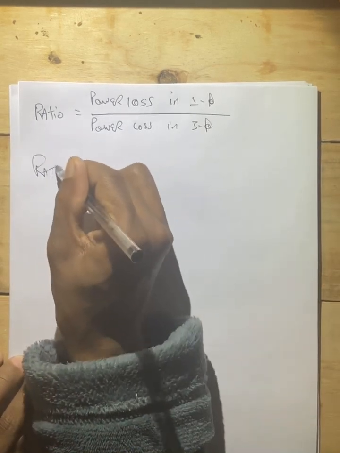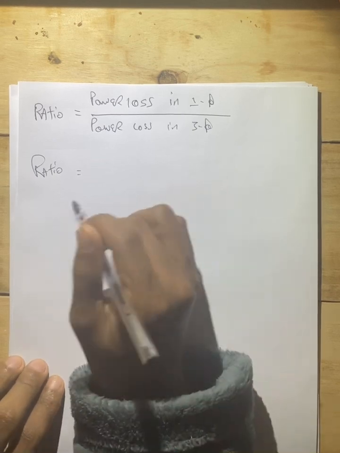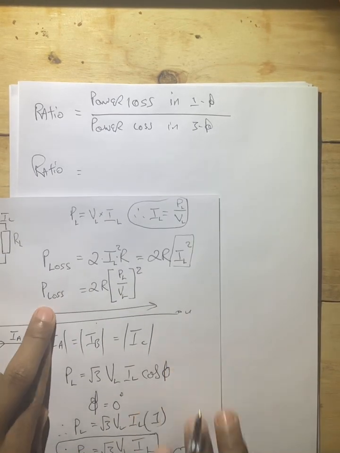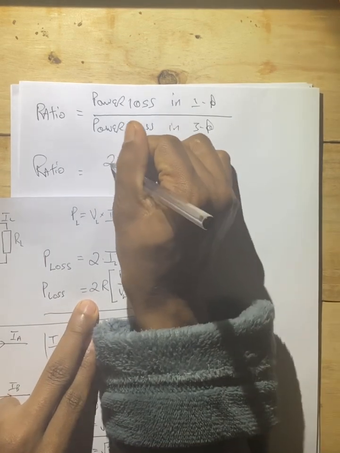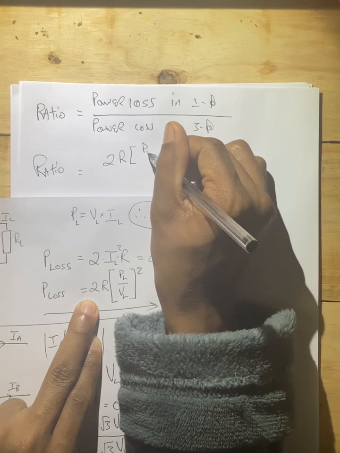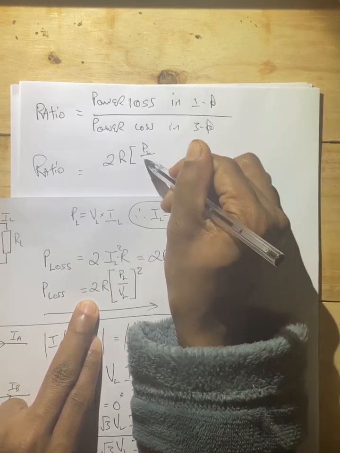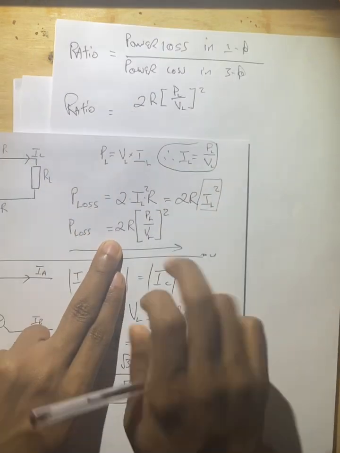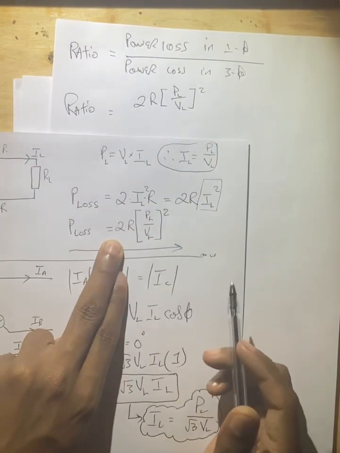Okay, and then this ratio, what do we notice? It's 2R times PL over VL squared. That's where we are getting it for single phase.